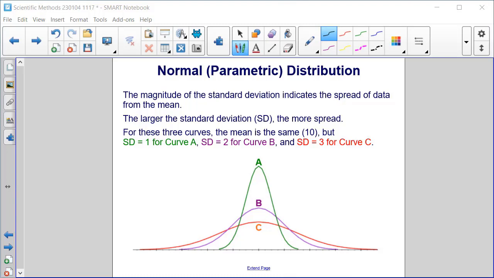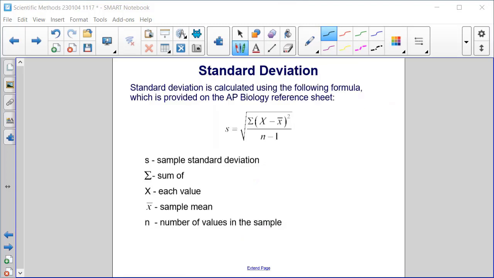But the standard deviation is 1 for curve A, 2 for curve B, and 3 for curve C. So you can see how that spreads out the data. Standard deviation is calculated using the following formula, which is provided on the AP Biology reference sheet.